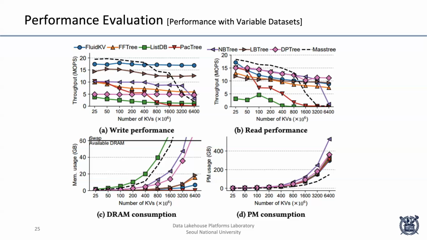For MB-tree, they store the inner nodes and the metadata of leaf nodes on the DRAM, but the rest in the persistent memory. And for listDB, they use a lazy memory recycling technique, so they cannot release the memory immediately after flushing the mem table to the persistent device. So it will keep it in the memory for longer.